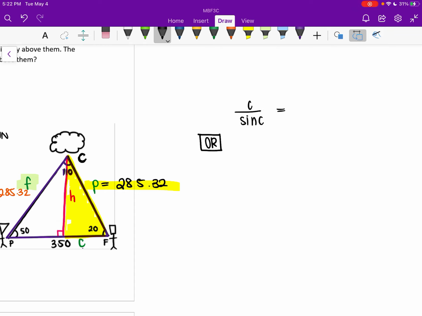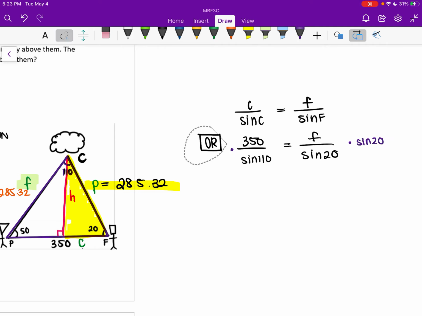Equals F over sine F. So you could have done 350 divided by sine 110 is equal to F over sine 20. And now you just want to get the sine 20 out of your way. Multiply both sides by sine 20.